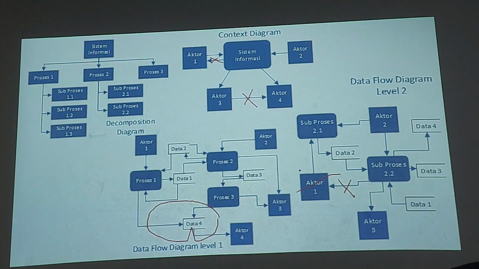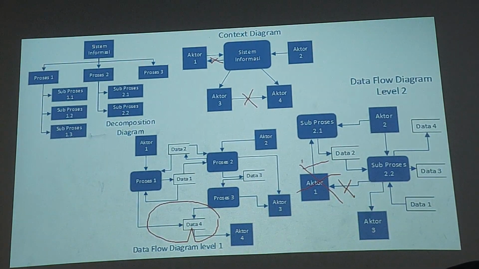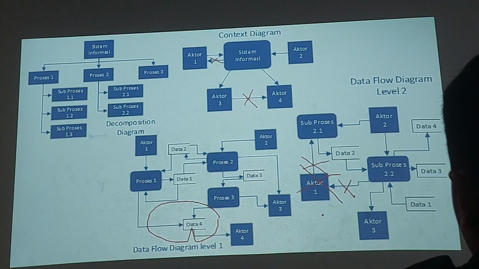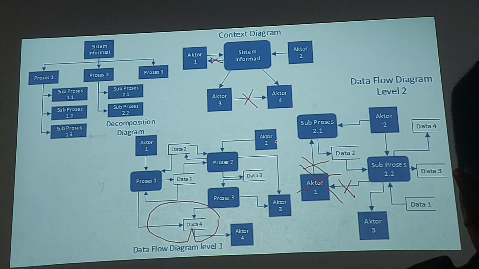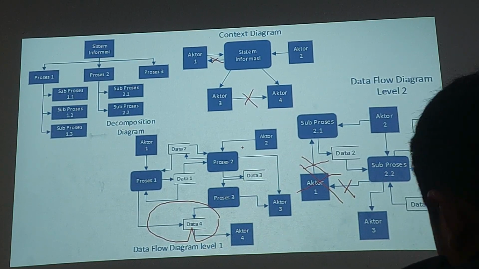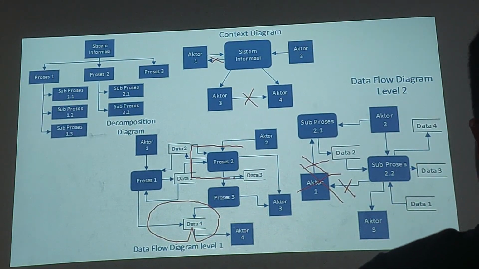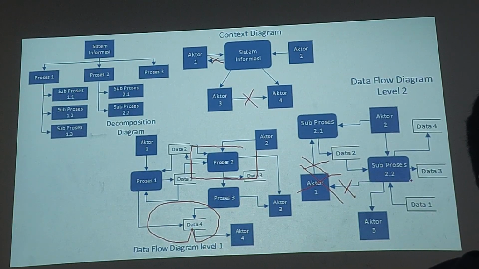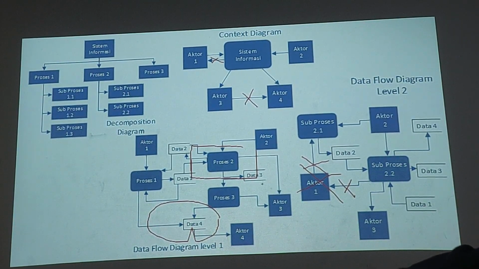This one is this, because in the previous level we focus on process 2, because this is process 2.2, 2.1.